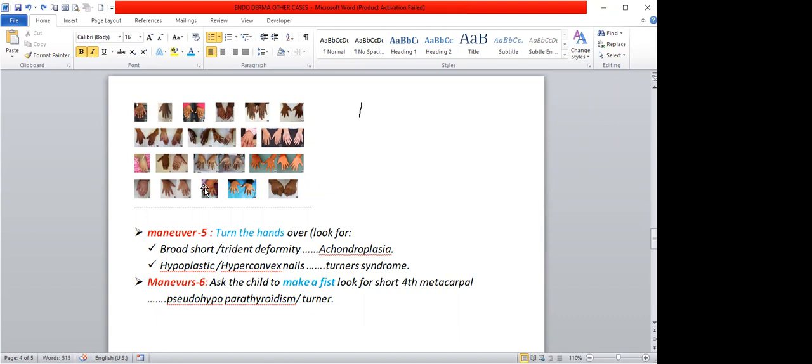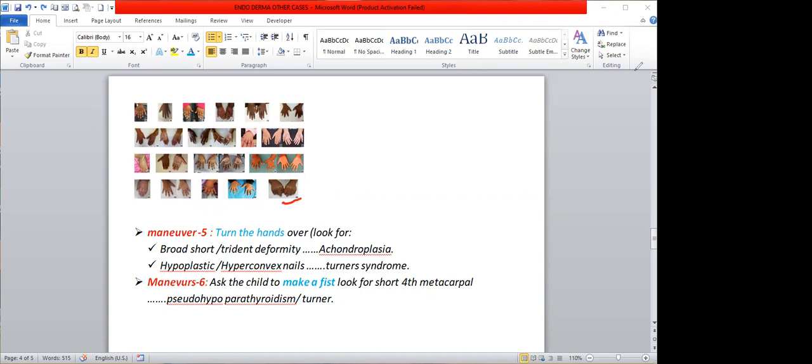If this is a trident hand, this one is Turner. Make it big now, Pranav. I'm trying to make it big, but it's not happening here. If there are features like trident hand, you can search on the net, and some trident hand pictures will appear.